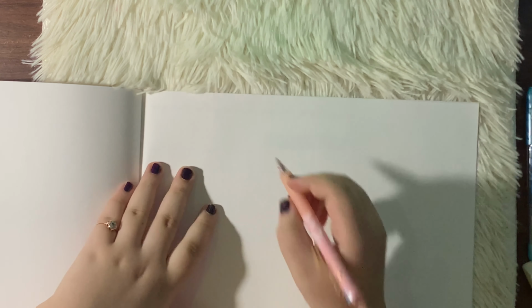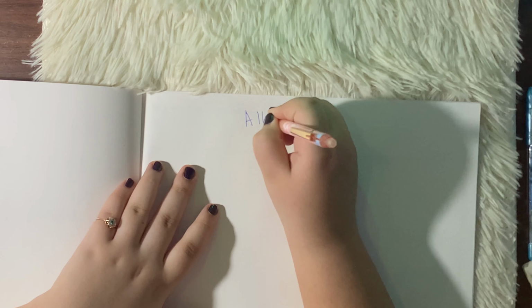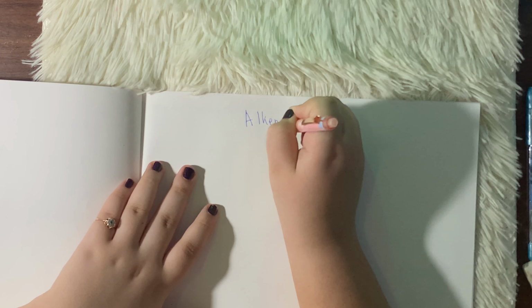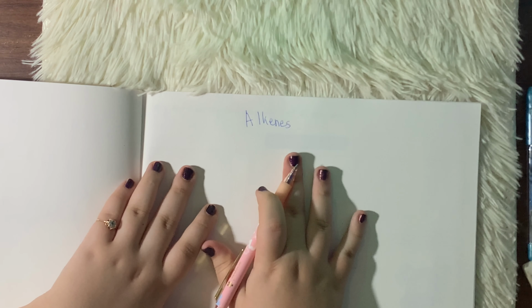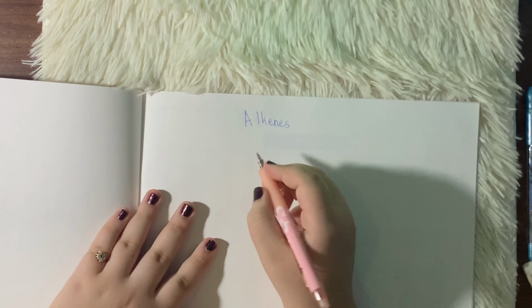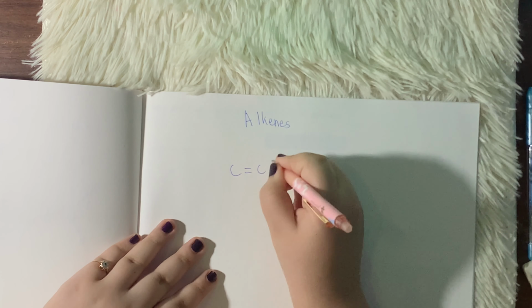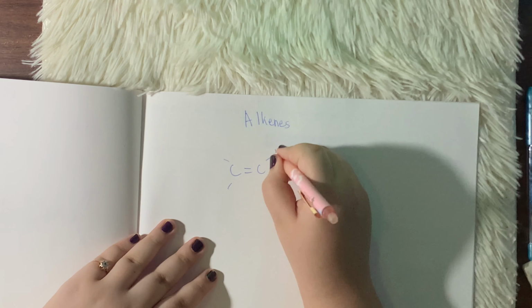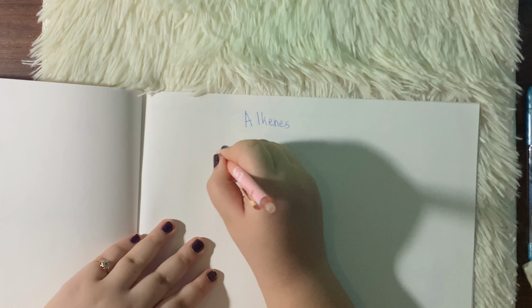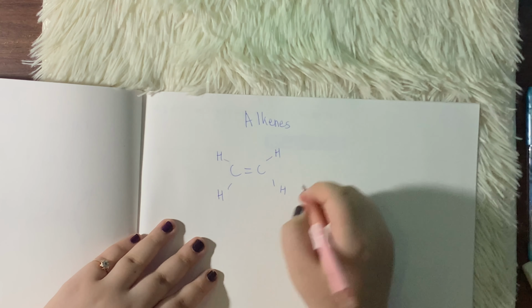The last thing we need to remember is that all alkenes can have addition reactions. So let's take ethene. Ethene is an alkene, so just draw that ethene molecule.